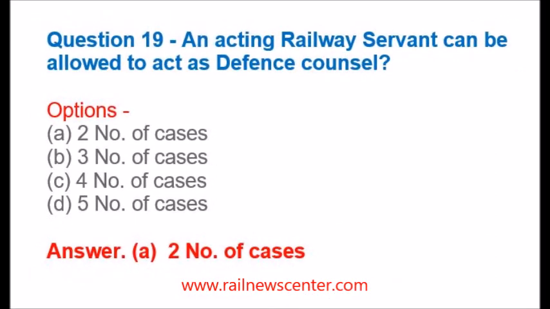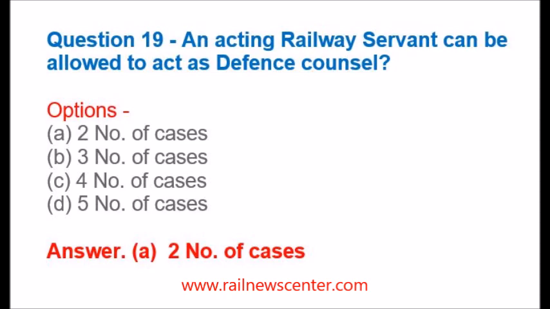Question 19. An acting railway servant can be allowed to act as defense counsel in. Options. A. 2 number of cases. B. 3 number of cases. C. 4 number of cases. D. 5 number of cases. Answer.